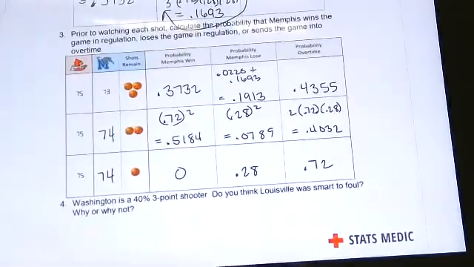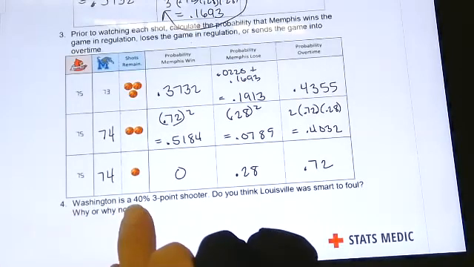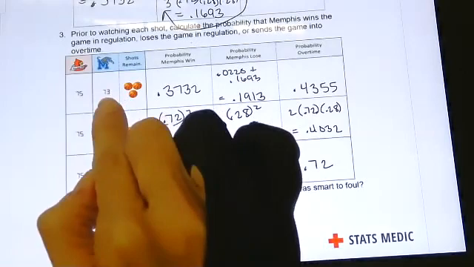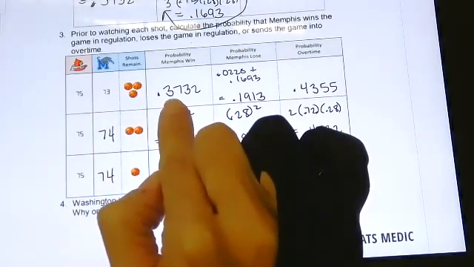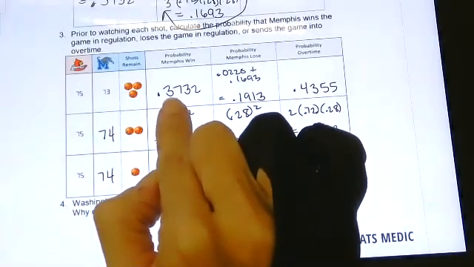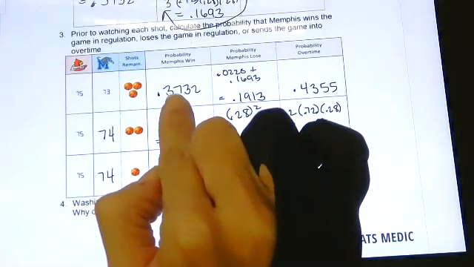So do you think the foul was a smart move? So what do you think? So if they had let him take the shot, 40% chance that Memphis would have won. They foul him. What's the chances Memphis wins now? Down a little bit.